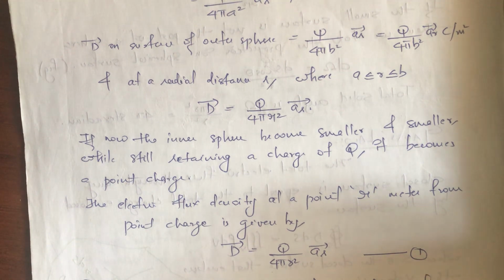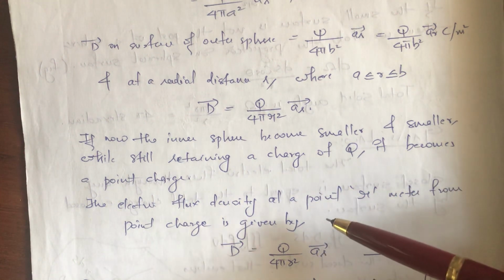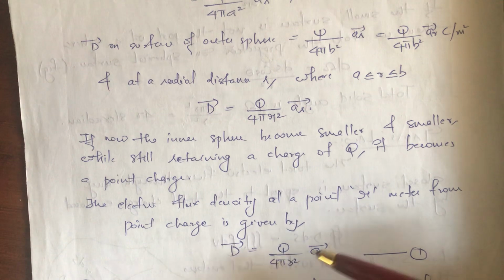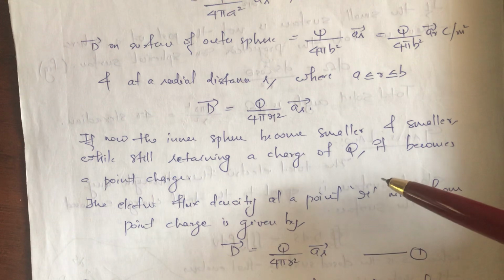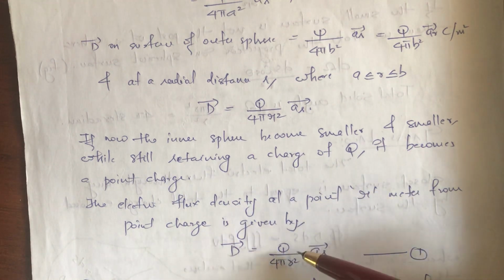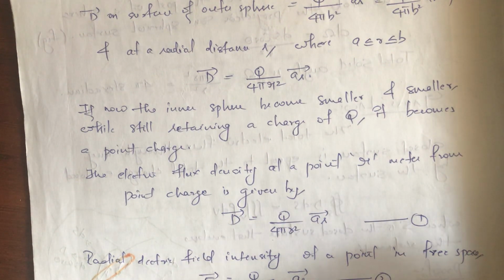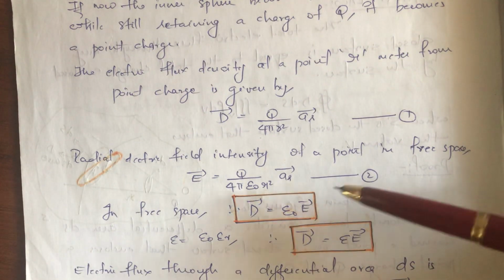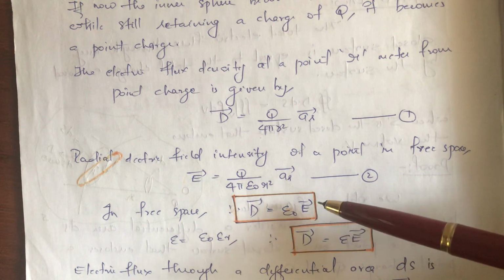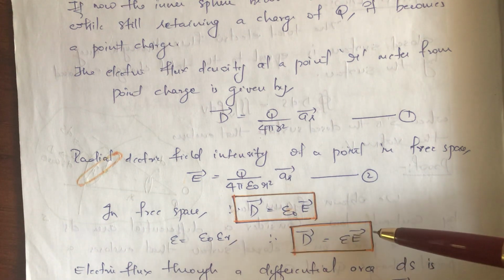The electric flux density at a point r meters from a point charge is given by D equal to Q by 4 pi r square into vector a_r. We also know that the electric field due to a point charge is given by E equal to Q by 4 pi epsilon 0 r square into vector a_r. From this we can say that D is equal to epsilon 0 E for free space, and in general D is equal to epsilon E.